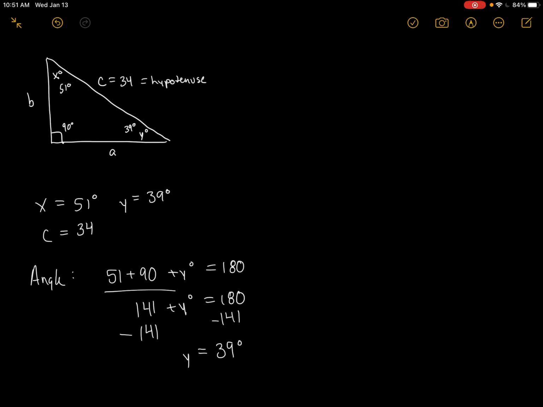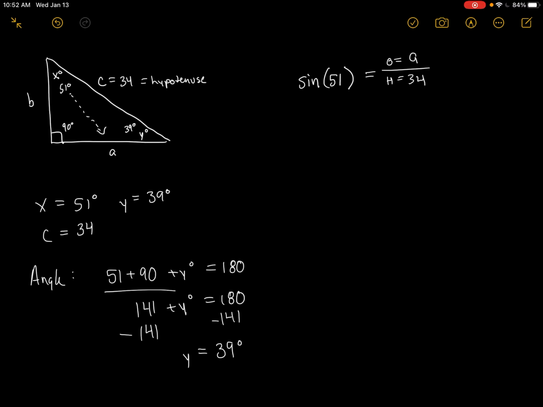So let's start off, maybe we can use sine. And we can use the sine of 51, let's say. So sine, if you remember, it's opposite over hypotenuse. So the opposite of 51 is going to be A, and our hypotenuse we know is 34.